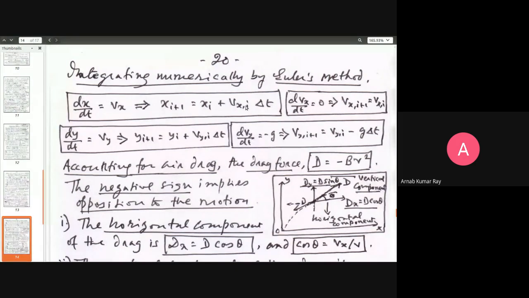This was constant earlier and this was a simple linear function of t earlier, but now they will become complicated.